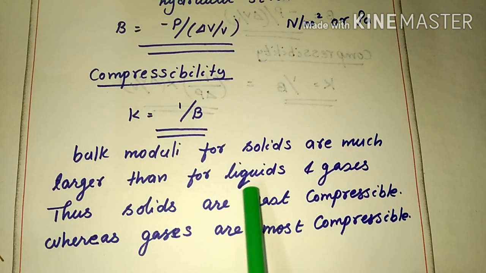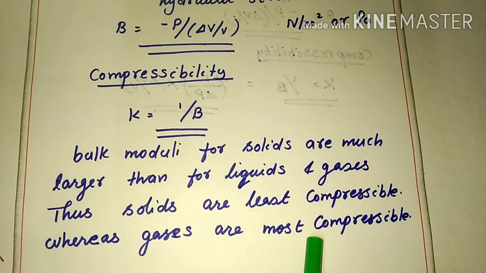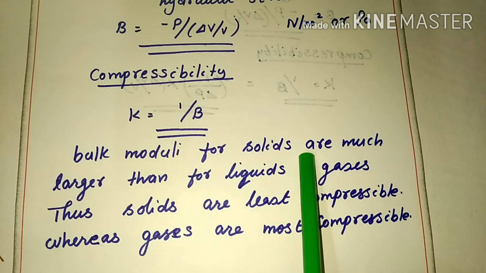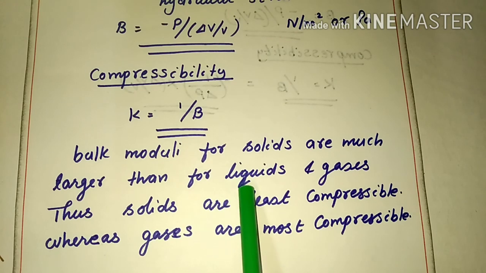The bulk moduli of liquids and gases are less, so they are most compressible. We can compress gases very easily. So, solids are least compressible whereas gases are most compressible because solids have greater bulk moduli than liquids and gases.